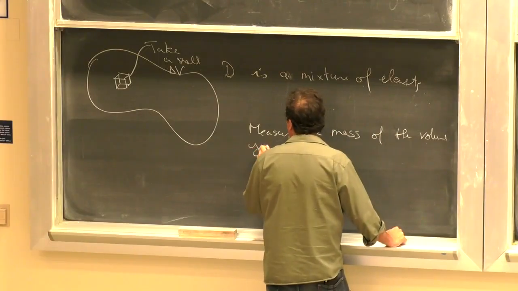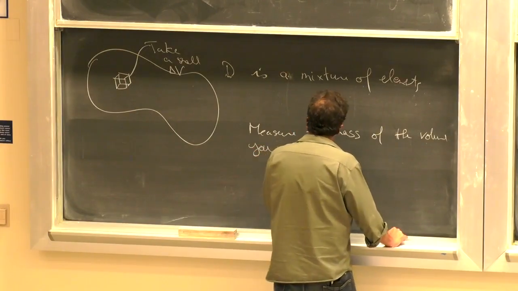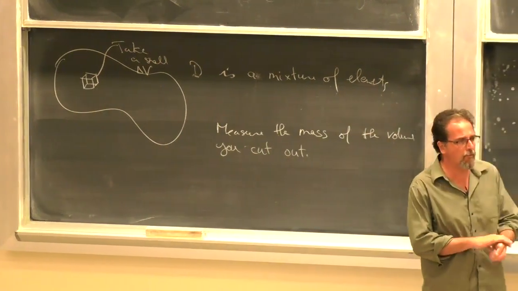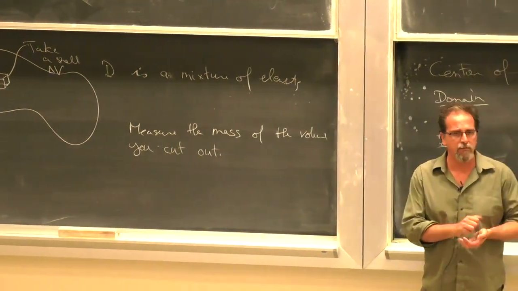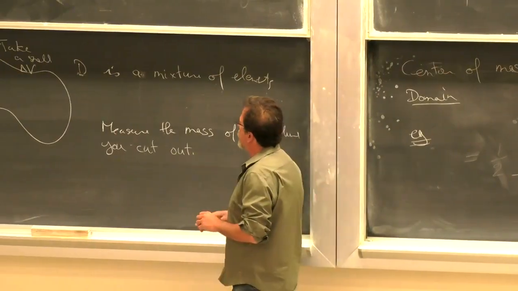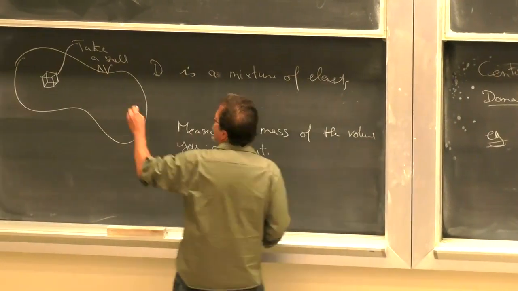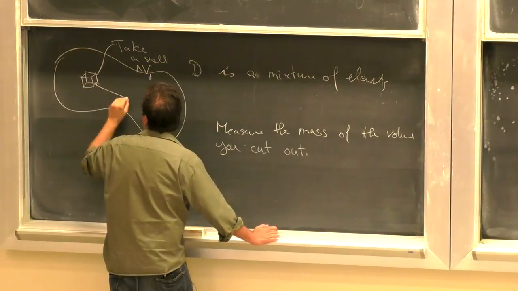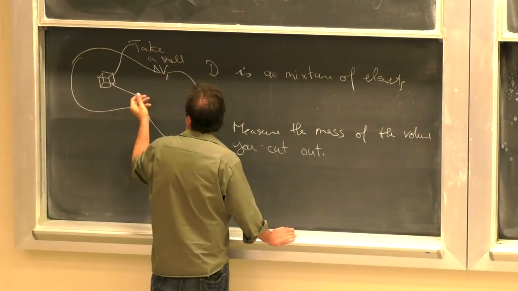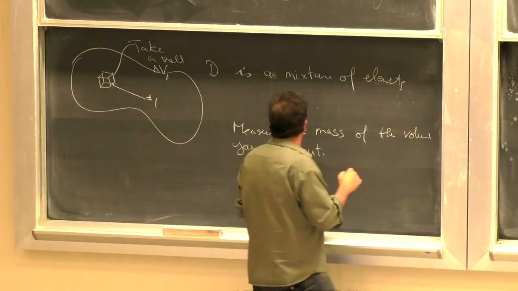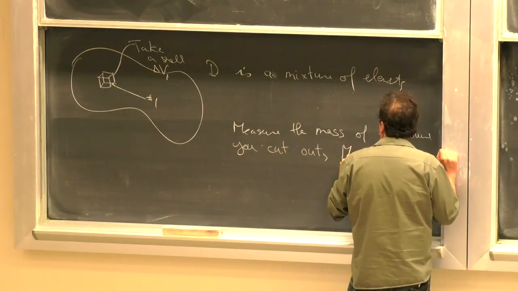How do we measure mass? You weigh it, and you divide by the gravitational constant, 9.8, or 10 meters per second squared. Let me call this delta V1, piece number 1, and this would be mass number 1.